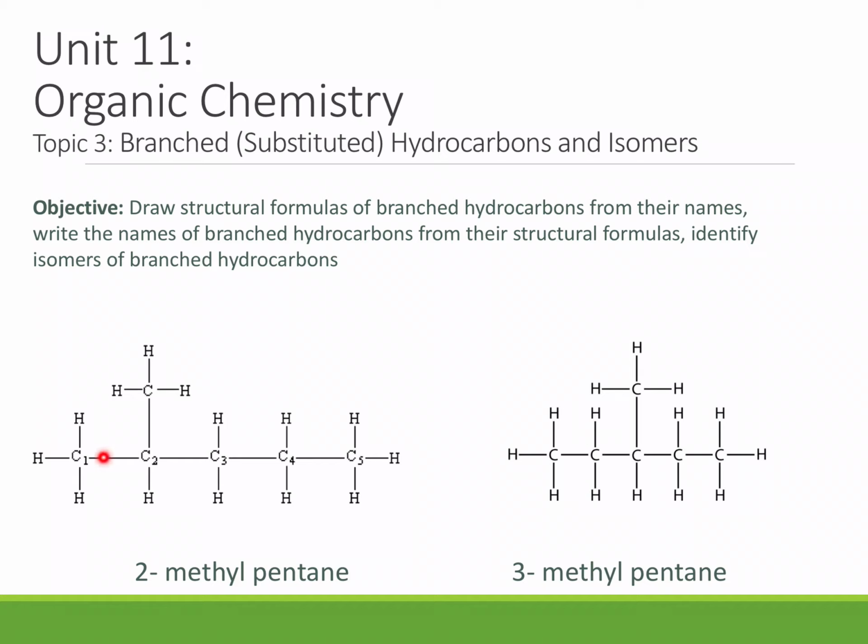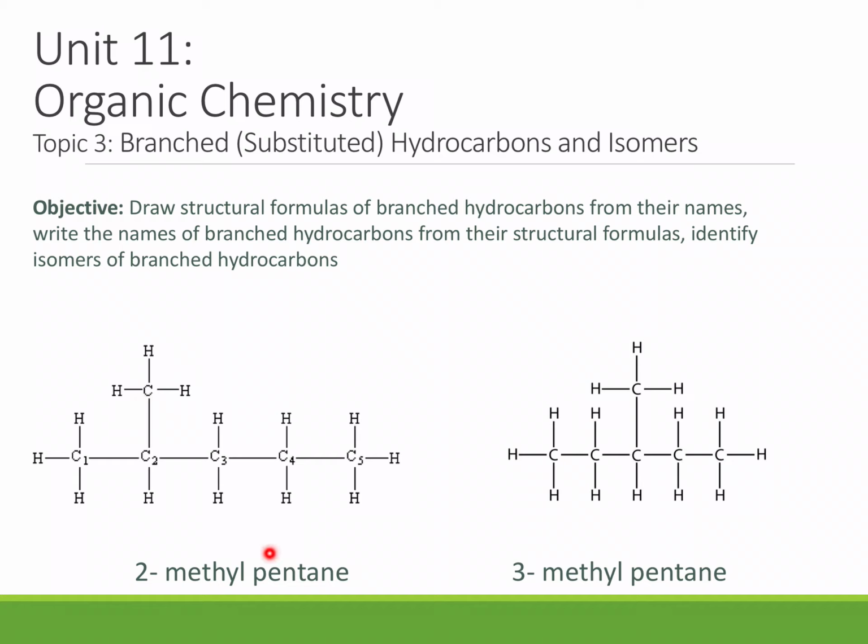If you notice right here, we have carbon 1, 2, 3, 4, and 5. And right here, we have a little bit of our branch. So what should be in this position? There should be another H, and there isn't. So we have a CH3 there, and we're going to see how that happens.